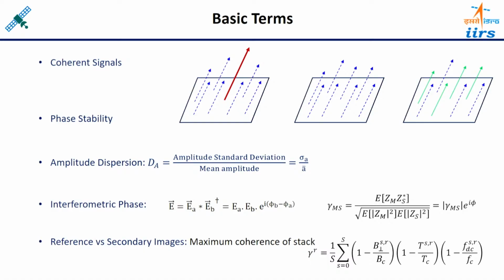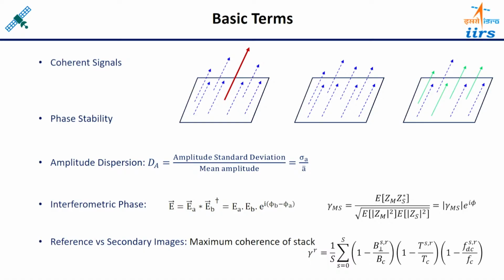If you add both of them, then the coherence that comes should be maximum. Maximum in the sense, suppose out of 3 images, in the first trial you consider the first image as a reference and the others as secondary, and you make pairs between first and second, first and third, calculate the coherence of both the pairs, and add both of them.